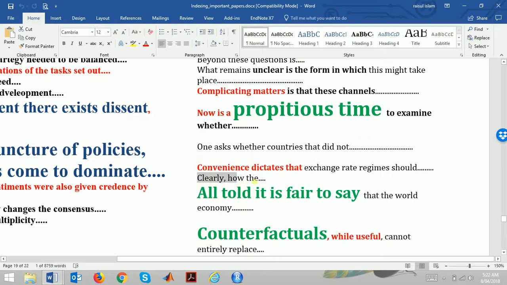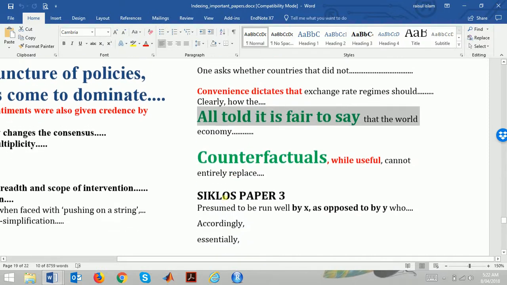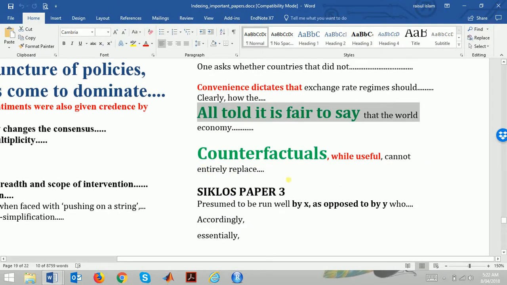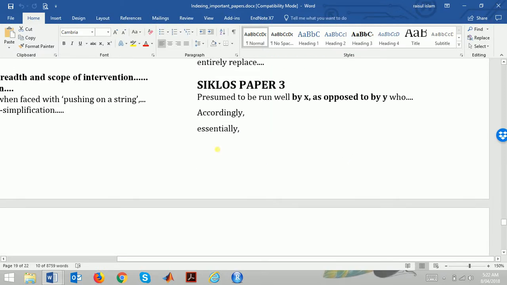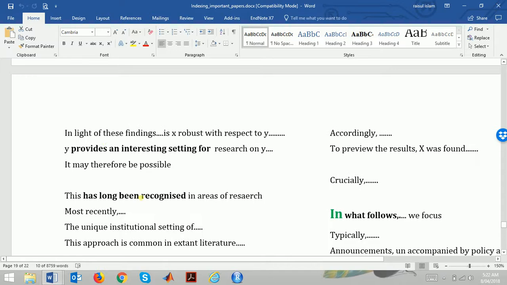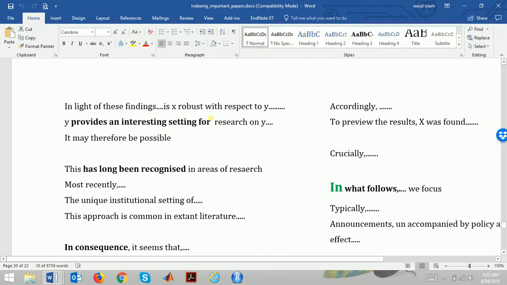Clearly, how the, all told, it is fair to say that the world economy, counterfactuals, while useful, cannot entirely replace. Third paper. Presumed to be done well by X as opposed to by Y. Accordingly, essentially, in light of these findings, is X robust with respect to Y? Y provides an interesting setting for research on Y. It may therefore be possible.